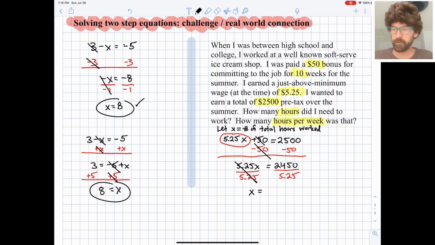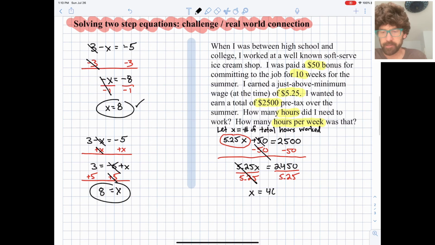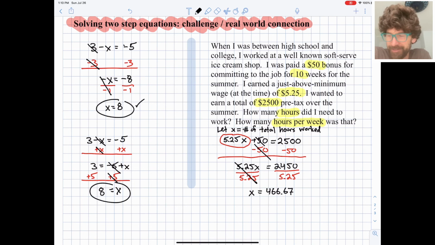We need to do 2,450 divided by 5.25. And I get 466. I'll round to the nearest 2 decimal places. I need to work 466.67 hours. That's a lot of hours I need to put in. In real life, you might want to just round that up to 467 hours.